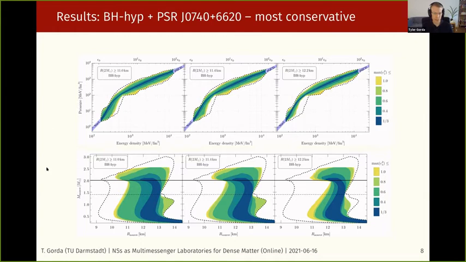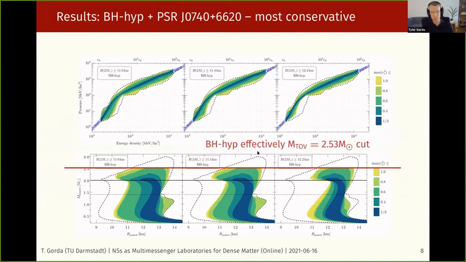The first thing, the black dashed lines here are what happens if you don't implement either of these two additional inputs, but only the two solar mass and GW170817 lambda tilde constraints. So first point is that the black hole hypothesis is effectively just a TOV cut at 2.53 solar masses, which is different than the about 2.7 solar mass if you were just to use the gravitational mass of the initial binary.